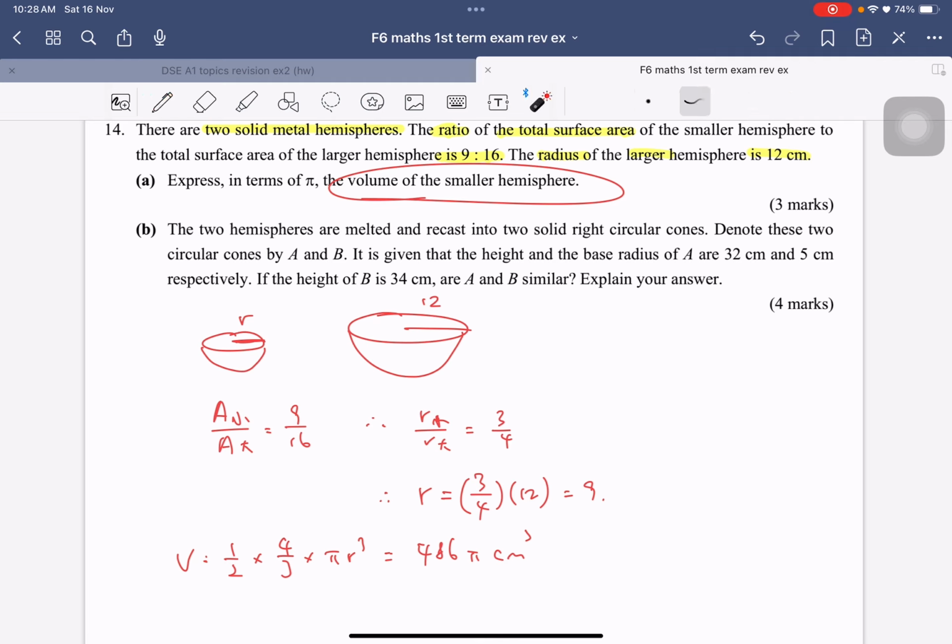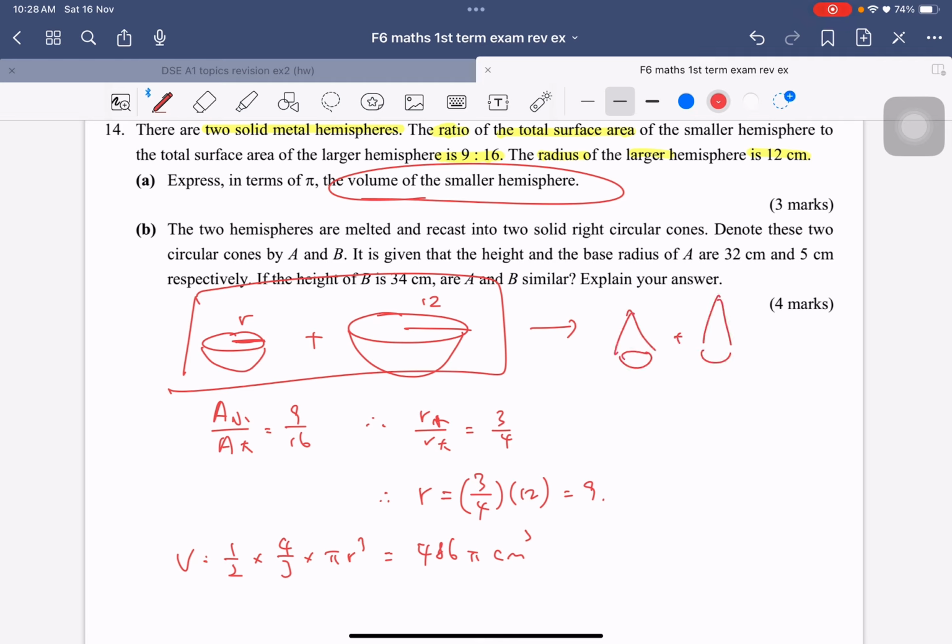And for part B, the two hemispheres are melted and recast into two solid right circular cones. So now these two added up are going to be changed into two solid cones. Okay, and denote these two circular cones by A and B. It is given that the height of the circular cone A is 32, and the radius is 5.